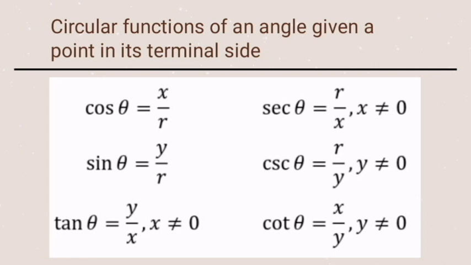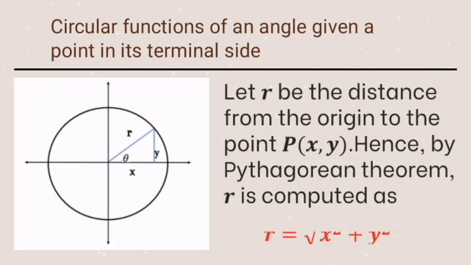To determine r, let us use the Pythagorean theorem. It is the square root of x squared plus y squared. So this is now our formula.